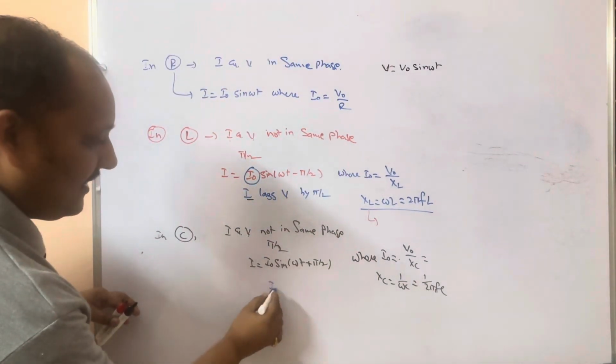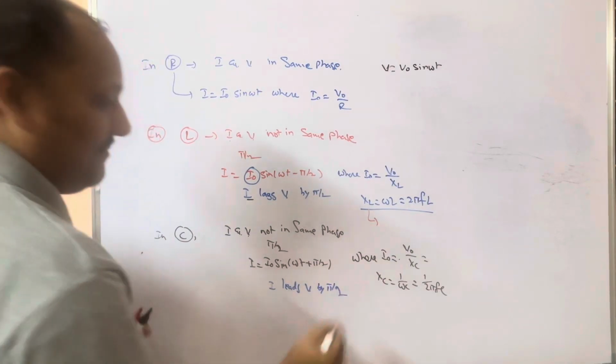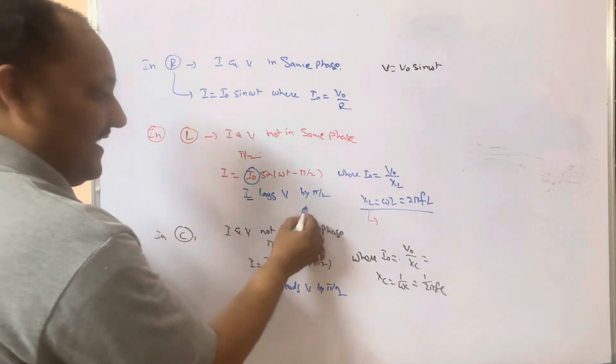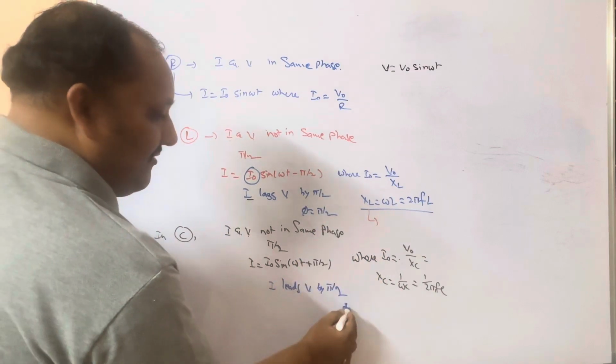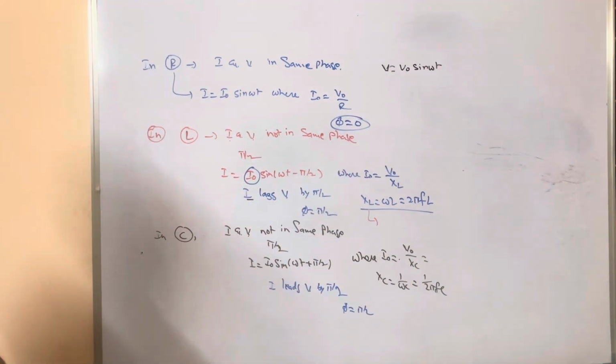Here current leads voltage by pi by 2. So this phase difference is very important. Here phase difference phi is going to be 0 in case of pure resistor.